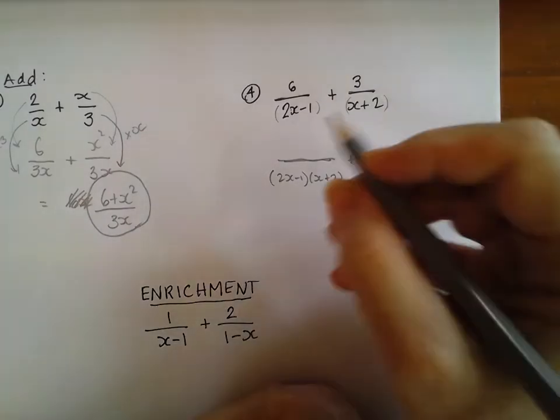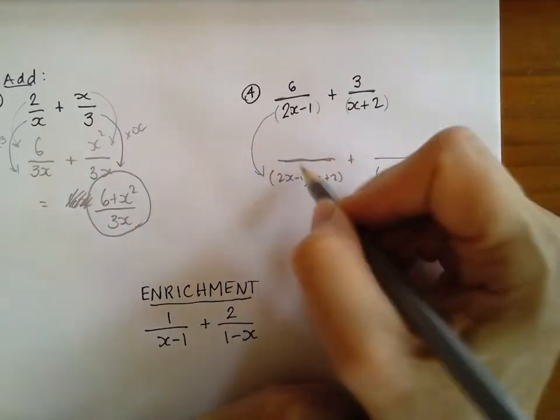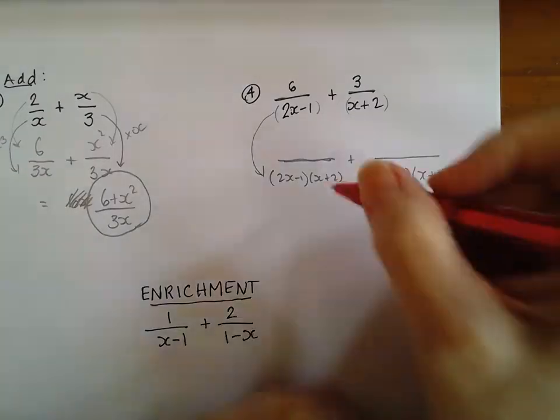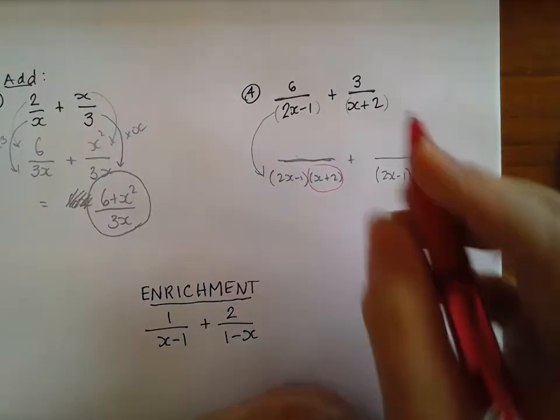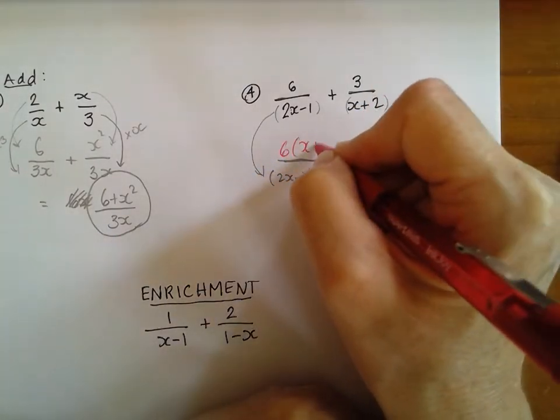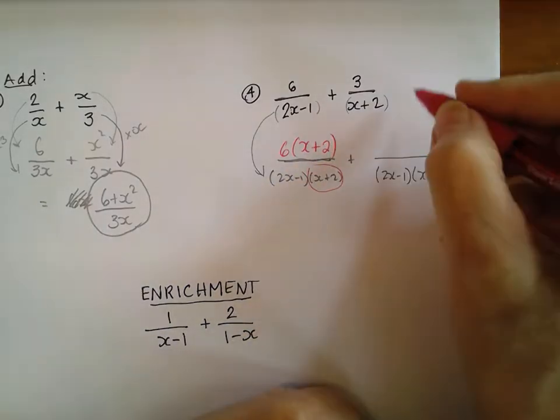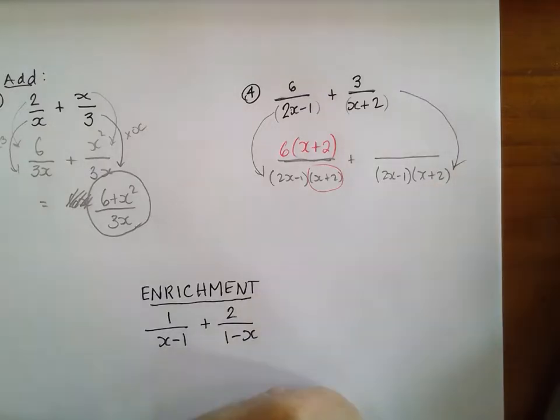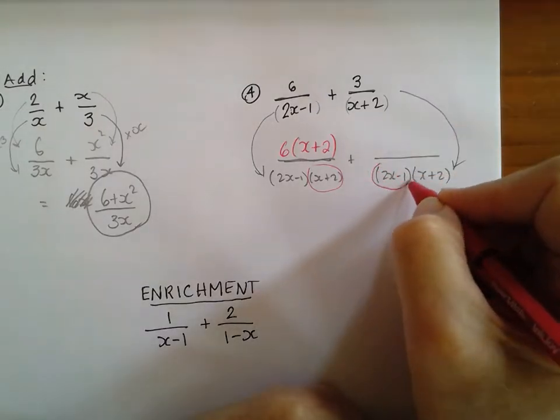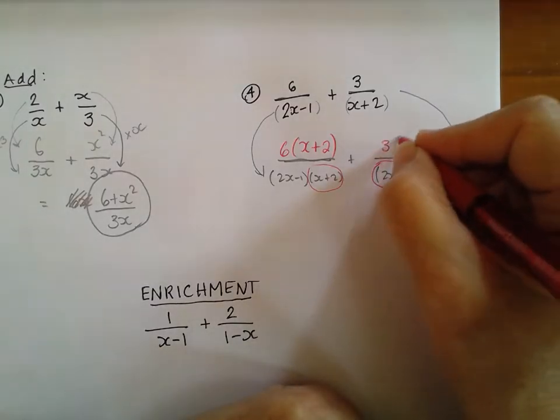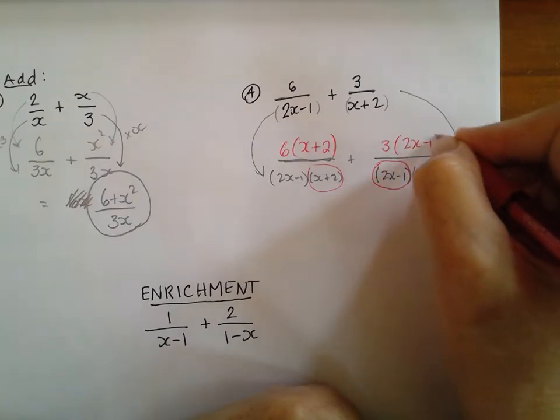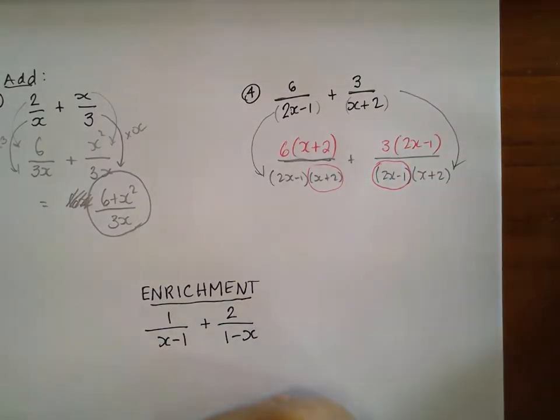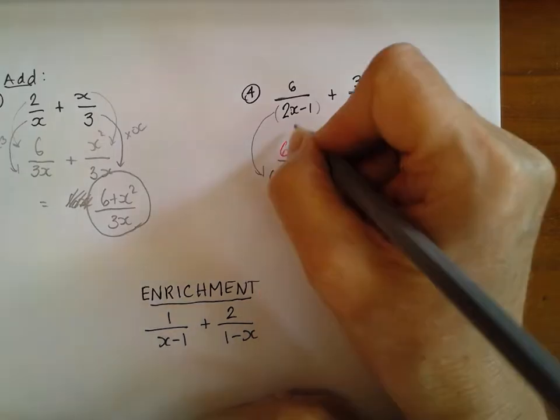I'm just going to say, what did I multiply there? Well, I multiplied by this. So I'll multiply by that on the top. And what did I multiply here? Multiplied by this factor. So I'll multiply by that on the top. In the numerator. Okay, so to simplify, expand.